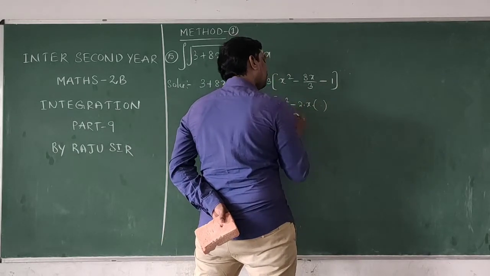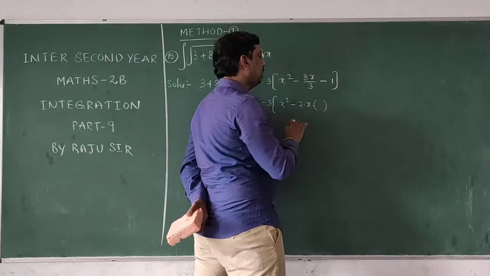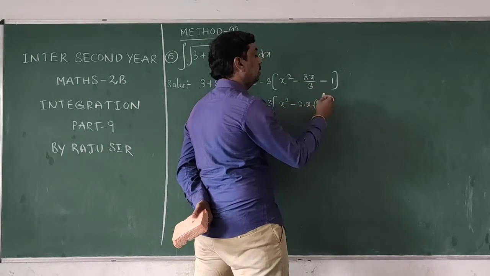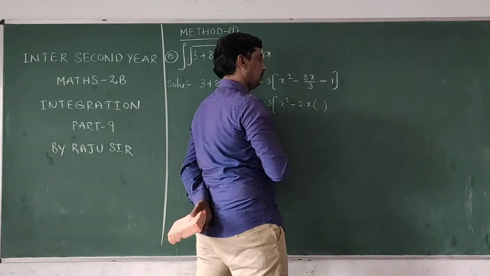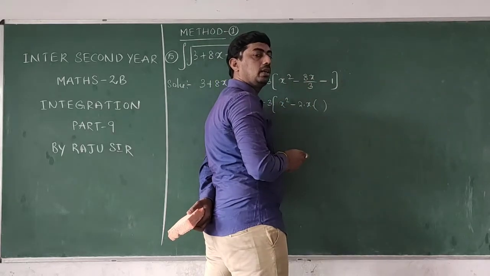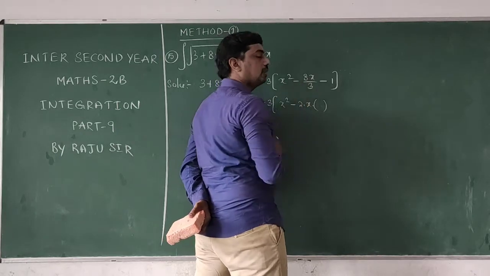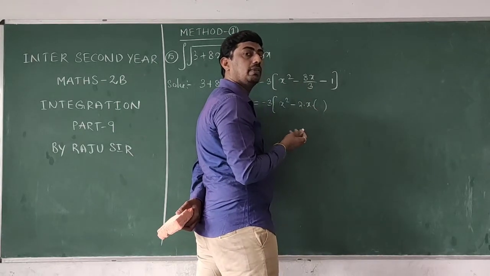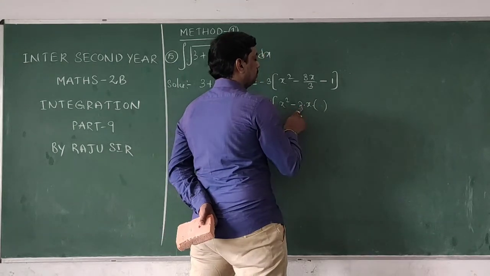The total product must equal minus 8x by 3. Then only can we transform these 3 terms into the form of x plus alpha whole square or x minus alpha whole square. That depends on the x coefficient. If negative, the 3 terms transform into x minus alpha whole square. If the x coefficient is positive, it is transformed into x plus alpha whole square. Remember that.